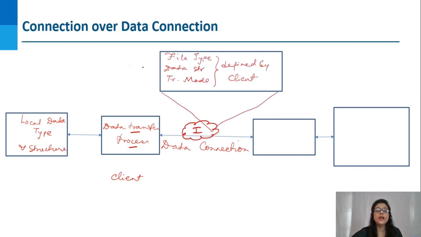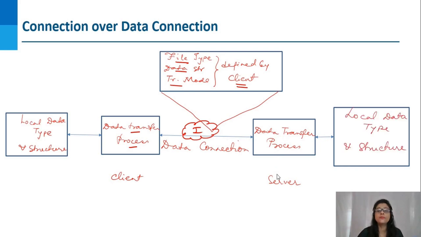Now here, the file type, the data structure and the transmission mode should be defined by the client. This goes as data through the data connection, and it goes to the data transfer process at the server end. Here at the server end, it is converted to the local data type and data structure.